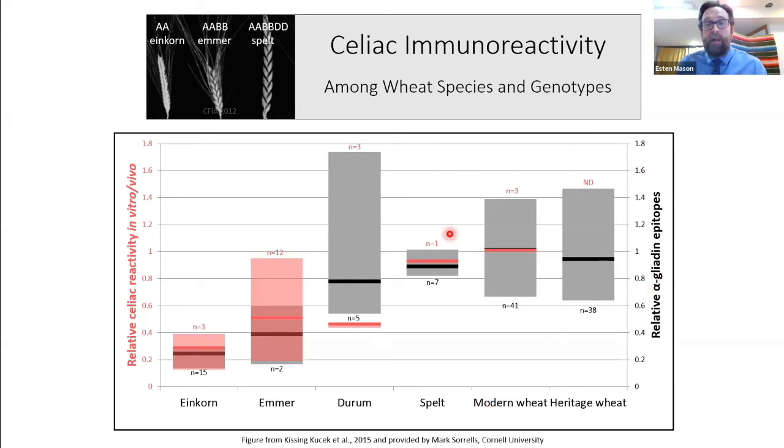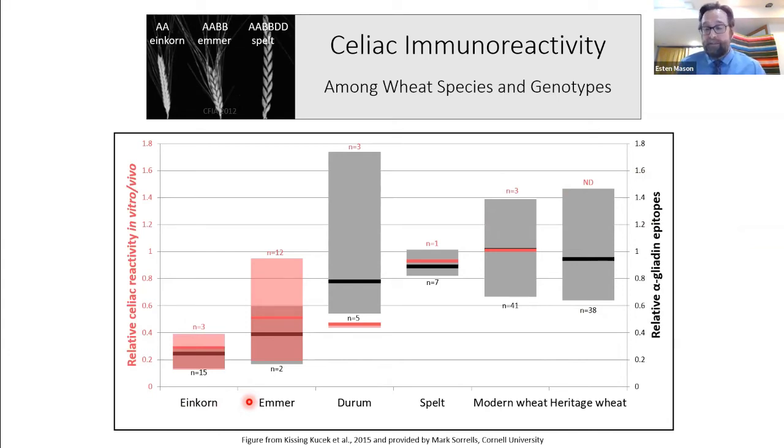In heritage or modern wheats, you don't really see a reduction in these allergic properties. We're looking at the relative celiac reactivity, and then the presence of these alpha gliadins, which are the really reactive gliadins in wheat. In either heritage or modern, you don't see this. But when we look at einkorn and emmer, you actually do see a reduction in this response, a reduction in the presence of these alpha gliadin proteins.